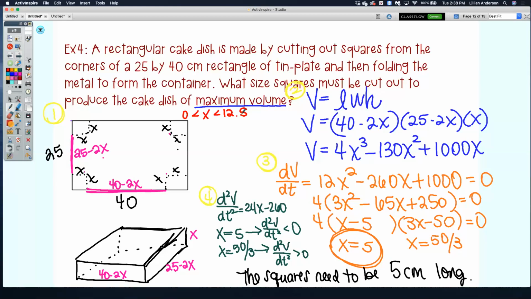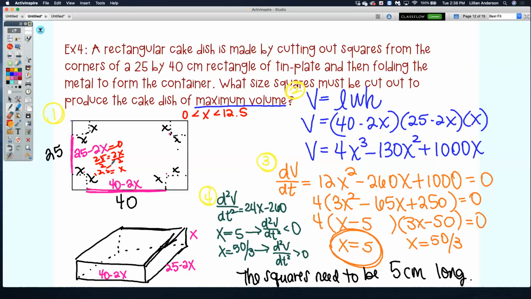The reason it's 12.5 is because the shortest side, which was 25 minus 2x, if you set that equal to 0 and solve, this lets you know that x would have to be less than 12.5 in order for it to even produce a three-dimensional shape. And so when we found 5 by setting the first derivative equal to 0, in between this restriction, 5 is the only answer that would work.